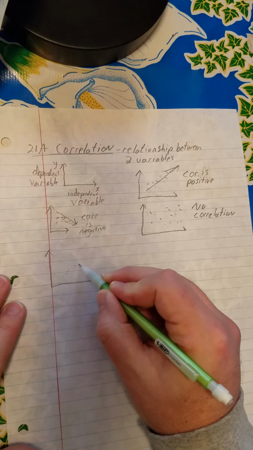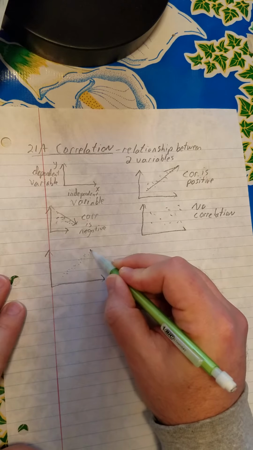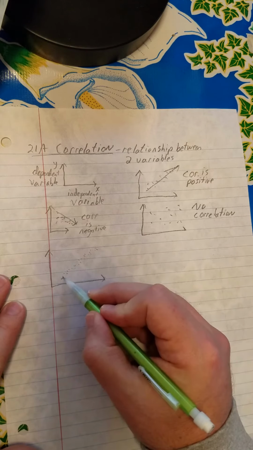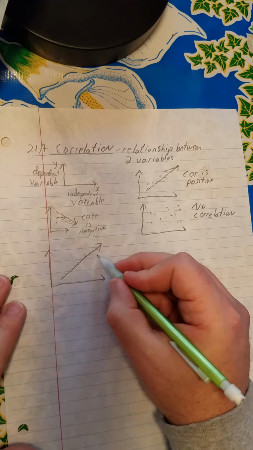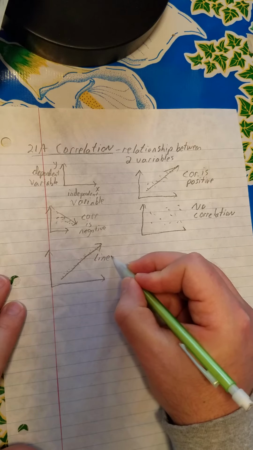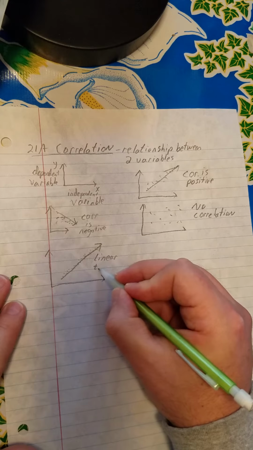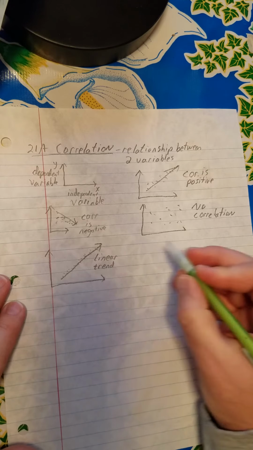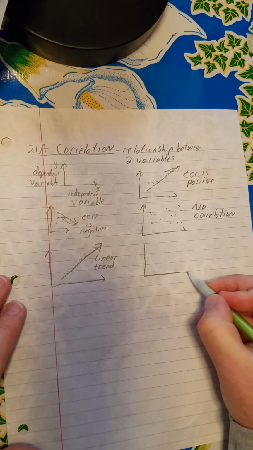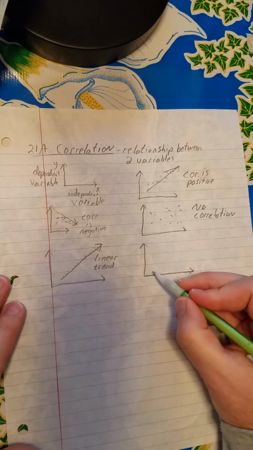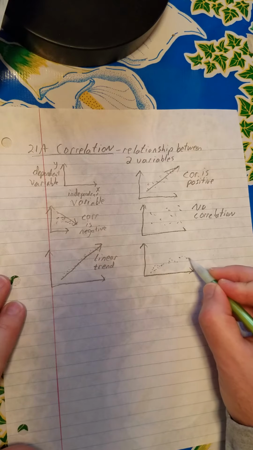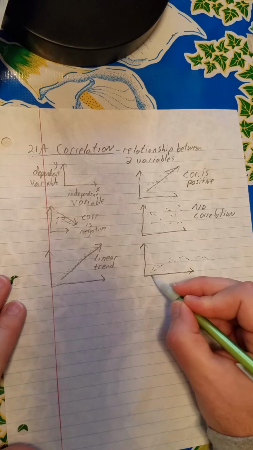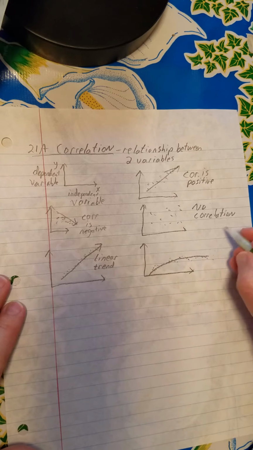If the data is fairly straight, not perfectly straight, but fairly straight, we say that it has a linear trend. So this one has a linear trend. Where this one we would say is a nonlinear trend.